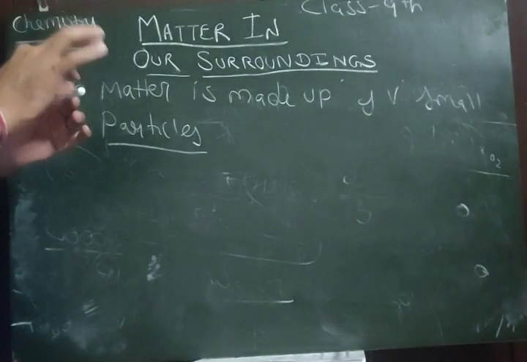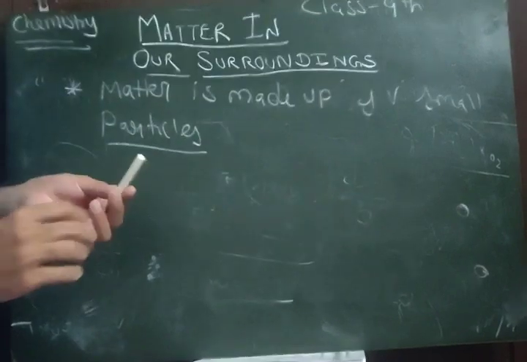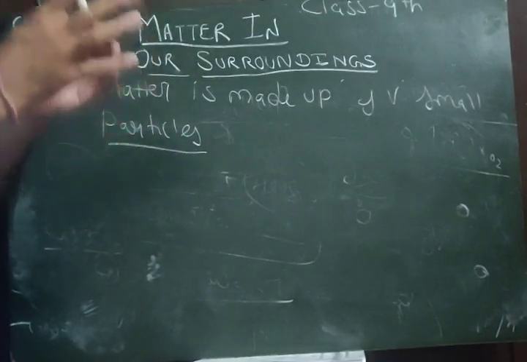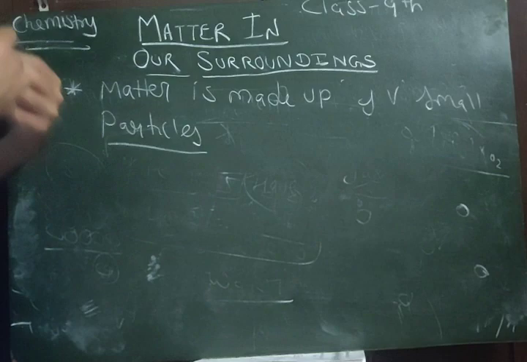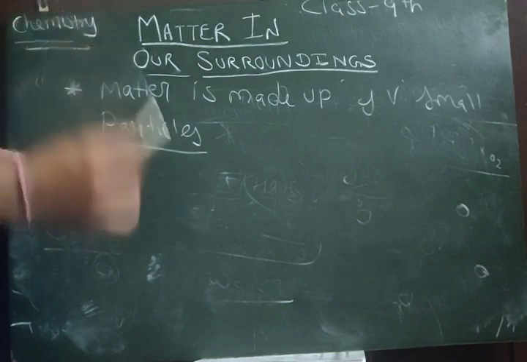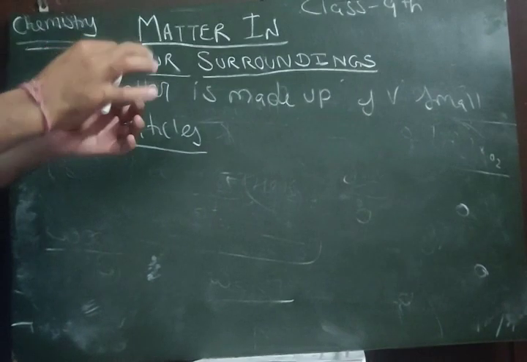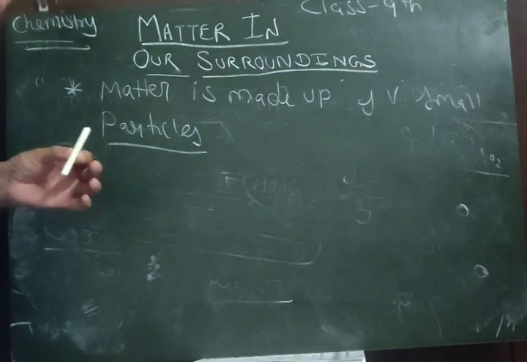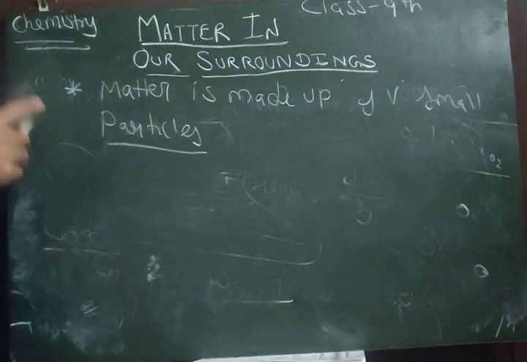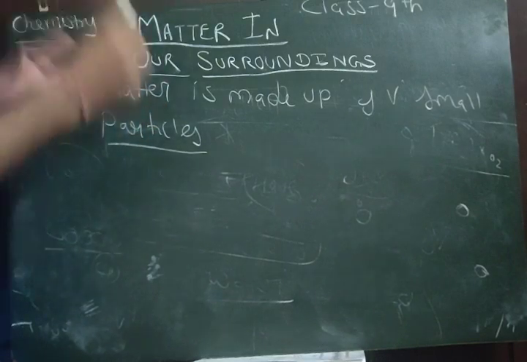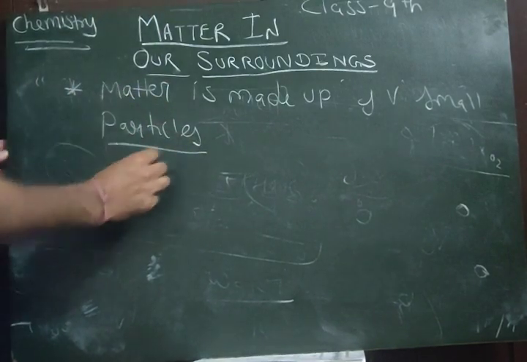Can you imagine how many particles this chalk has? An enormous number, which cannot be seen even with the naked eye. We require a special kind of instrument by which we can analyze the particles. So we can say that the number of particles is very, very large.